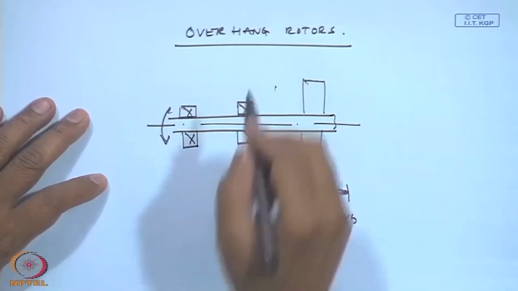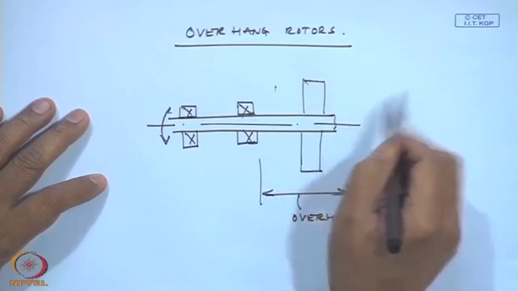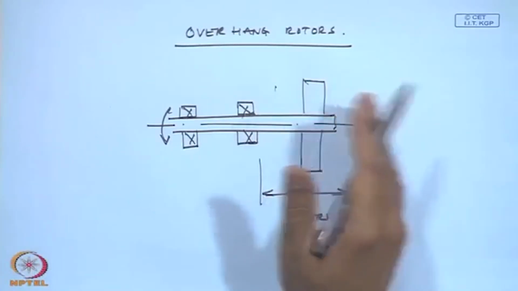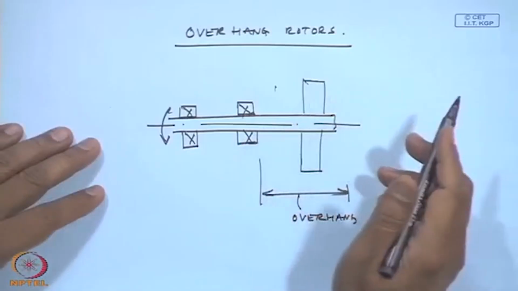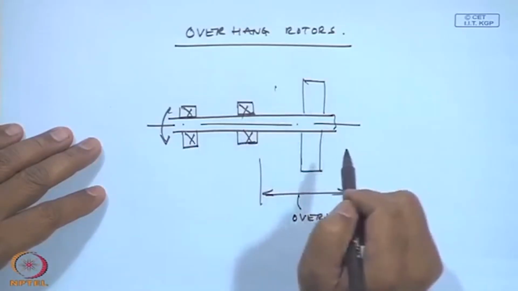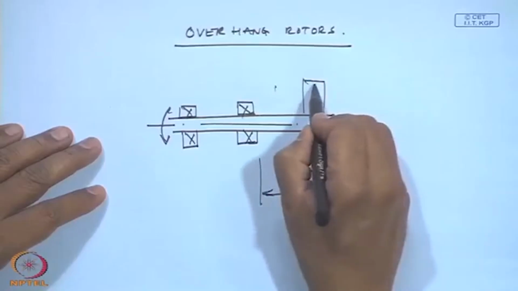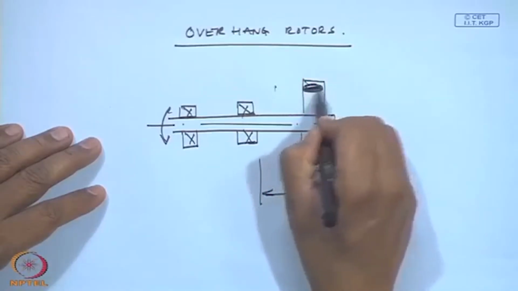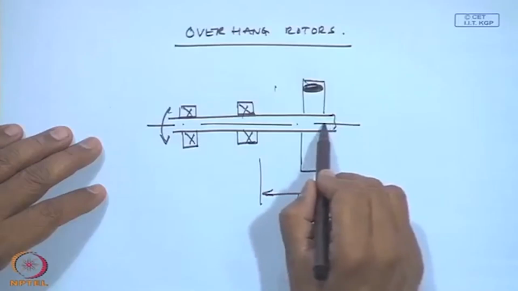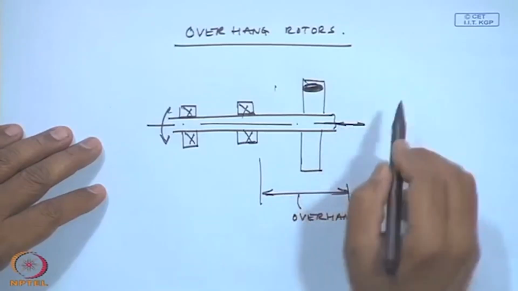Now, in the previous example, when the shaft was supported in between 2 bearings, I had told you that there will be strong radial vibrations. In overhang rotor unbalance, there may also be strong axial vibrations.